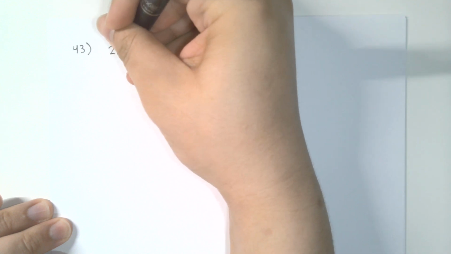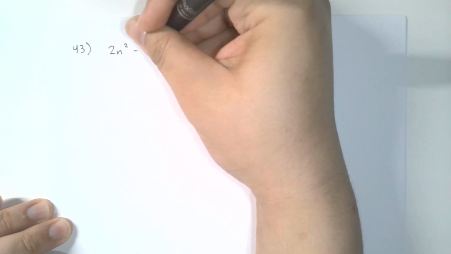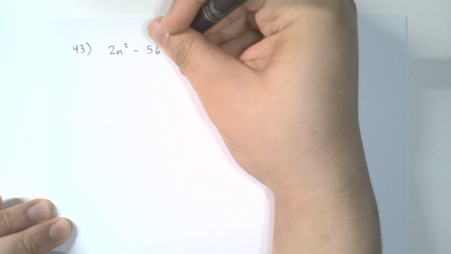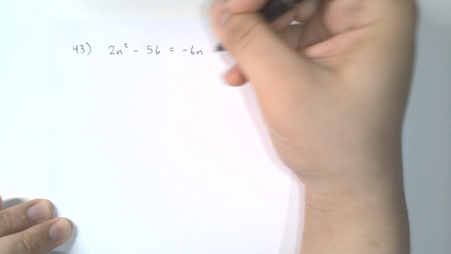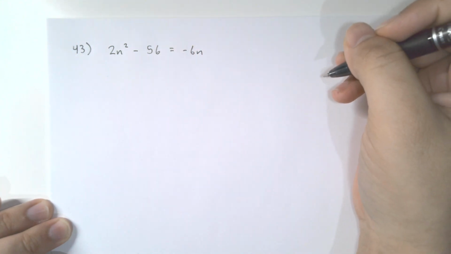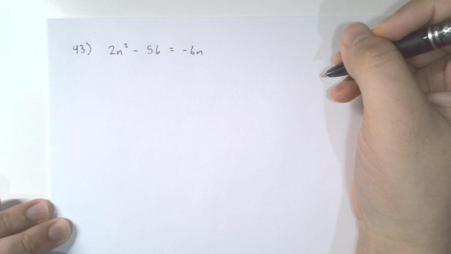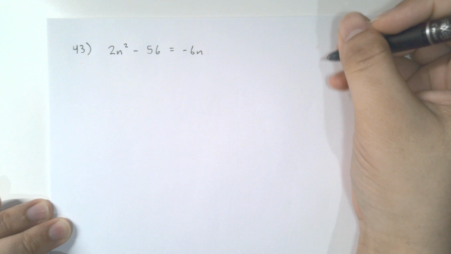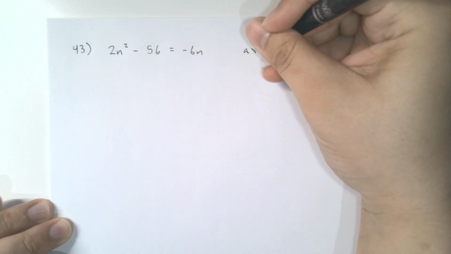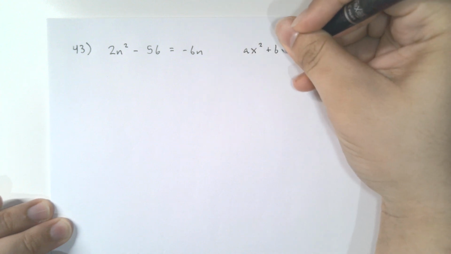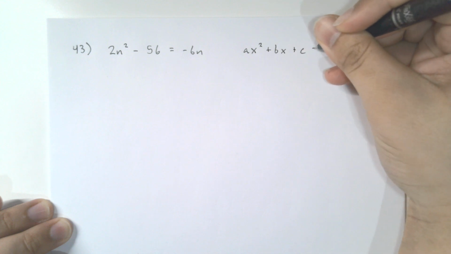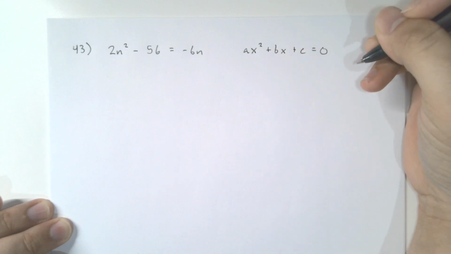So for number 43, we have 2n squared minus 56 is equal to negative 6n. So this one and the ones following it are all not in standard form. Remember, our standard form has to be ax squared plus bx plus c is equal to 0.